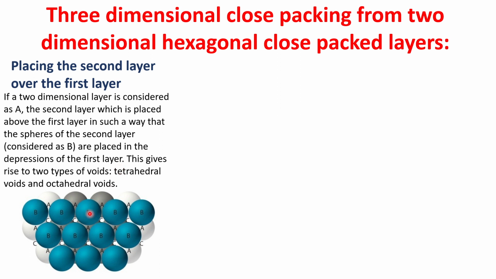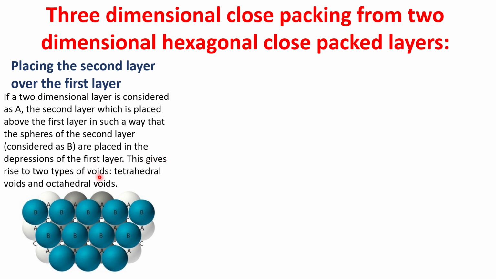Considering these three black molecules and A, if B is present at the depression of that, a tetrahedral void will be generated.